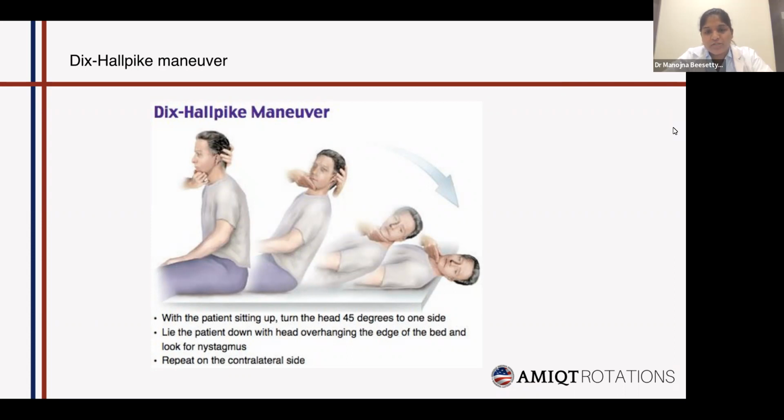Then lay the patient in the supine position so that the head extends downward for about 20 degrees and ask him to stay for about 30 seconds. A positive Dix-Hallpike maneuver is when the patient feels the sensation of vertigo or a nystagmus is seen. That indicates a positive Dix-Hallpike maneuver, and it suggests benign paroxysmal positional vertigo.